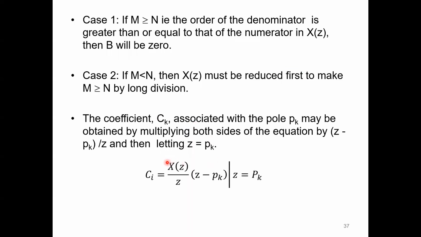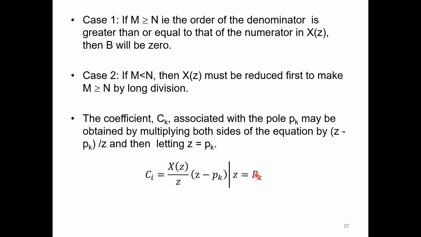So then what you do is you put it into this equation, X(z) divided by z minus p_k, the first pole, say p1. Okay, so you work it out and then evaluate the whole value of this one at z equals that particular pole. Okay, this is a very, very simple proof.